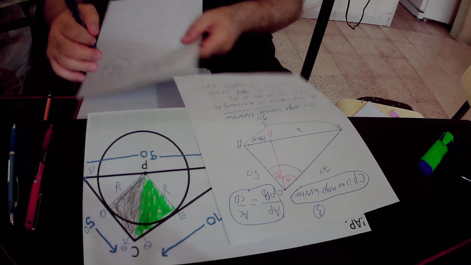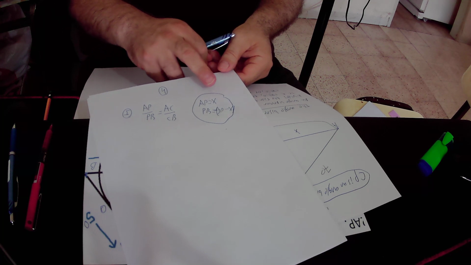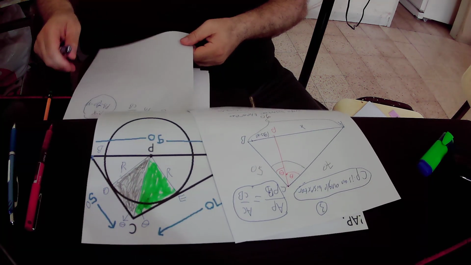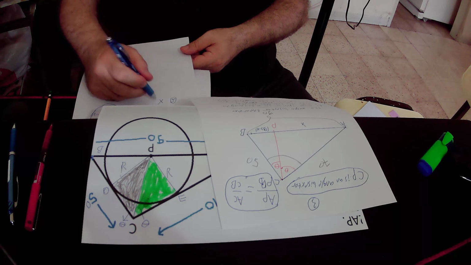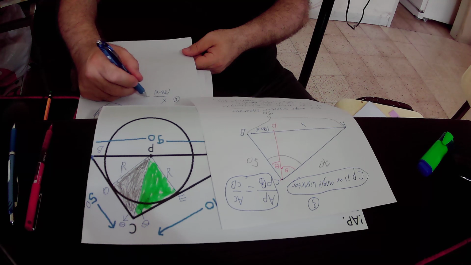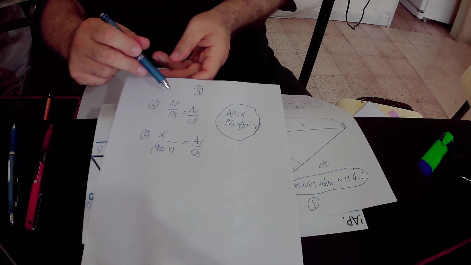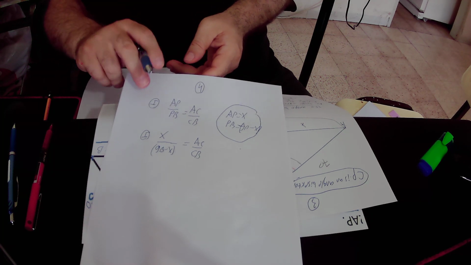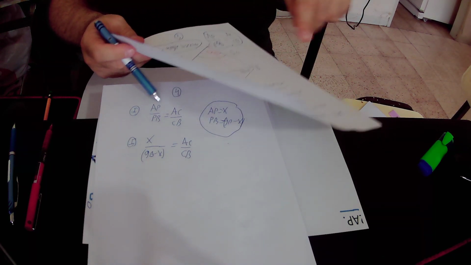So actually we can replace AP by X and PB by 90 minus X. Okay, here I replaced AP by X and PB by 90 minus X. Now we know that AC equals 70 and CB equals 50.